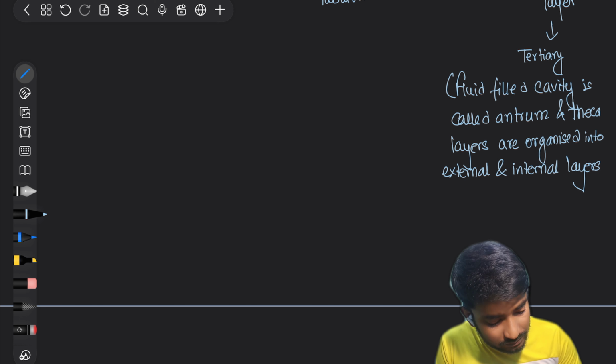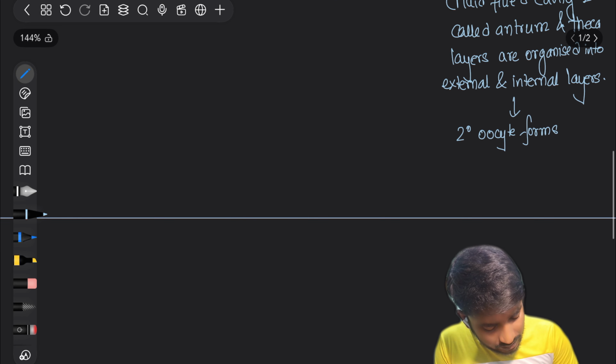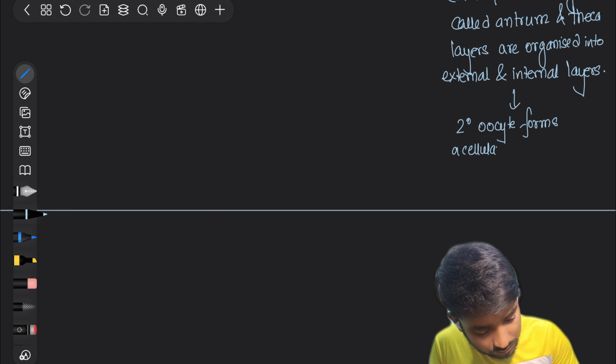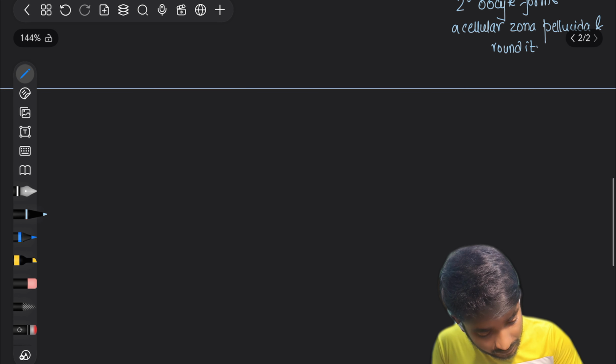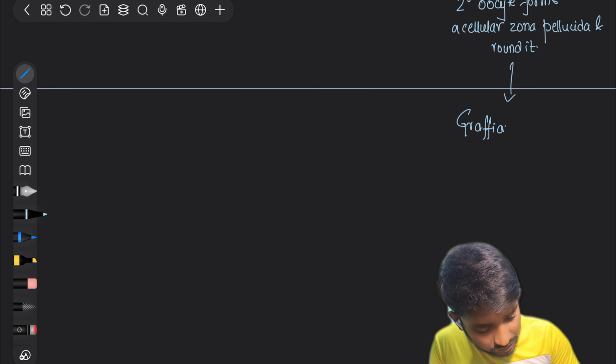The secondary oocyte forms a cellular zona pellucida around it. Graafian follicle matures.